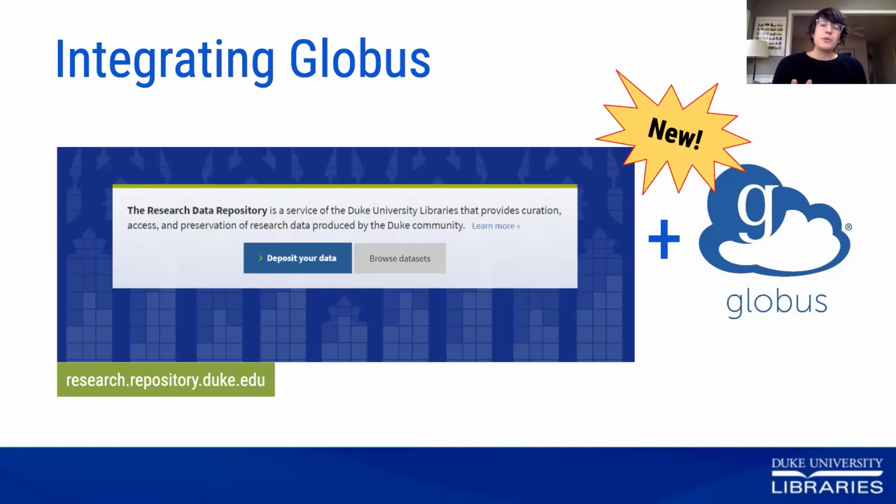This is probably not news to this audience, but just to highlight, scientific research is increasingly happening at scale, and researchers are producing ever larger volumes of data. It's now relatively routine for scientific instruments to produce terabytes and even petabytes of data in the course of normal observational behavior.